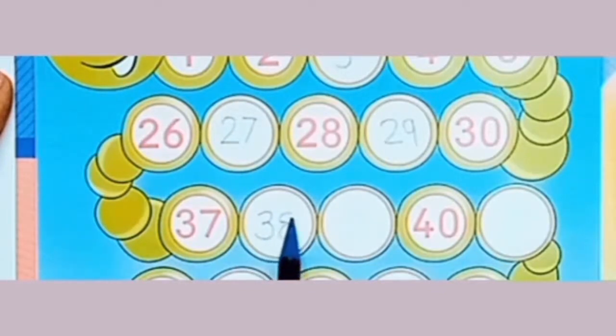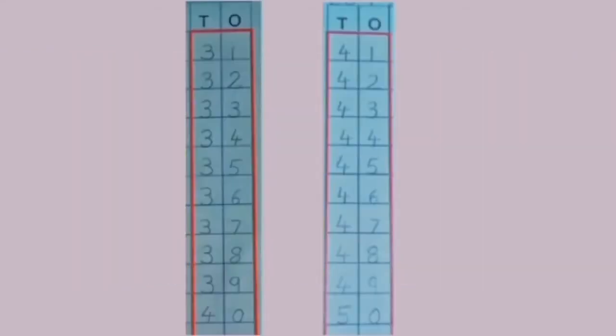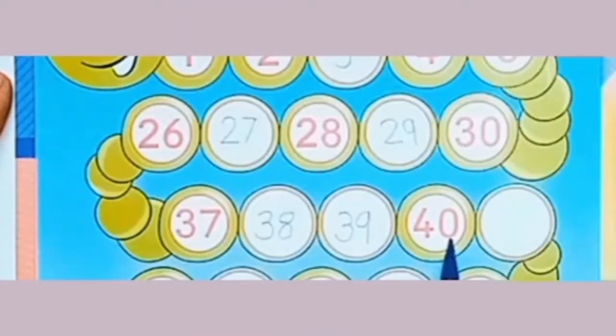Then 39. 40. After 40, yes, it is 41. So let's write.